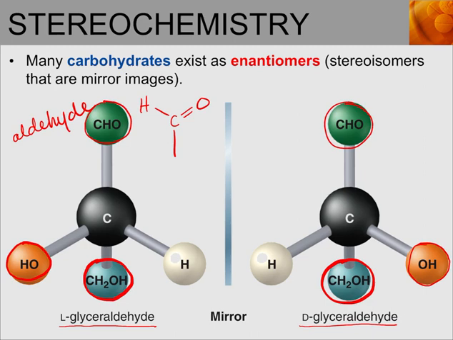Now on L-glyceraldehyde, the hydrogen is on the right, and in D-glyceraldehyde, the hydrogen's on the left. So that's the main difference. The H and OH are swapped. And that's why these two compounds have different labels of L and D, because they have different 3D arrangements of their groups. So these are enantiomers or stereoisomers of each other.